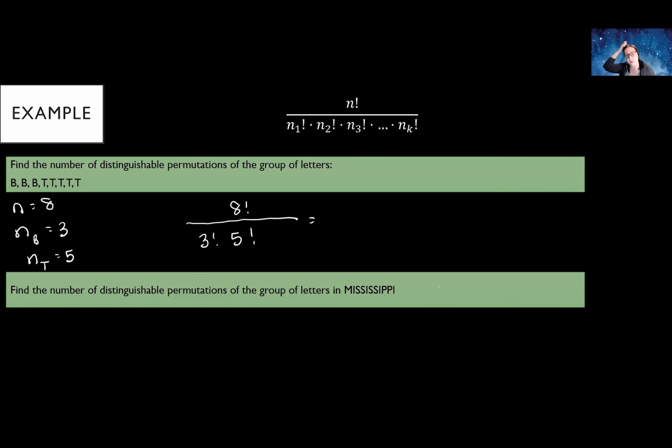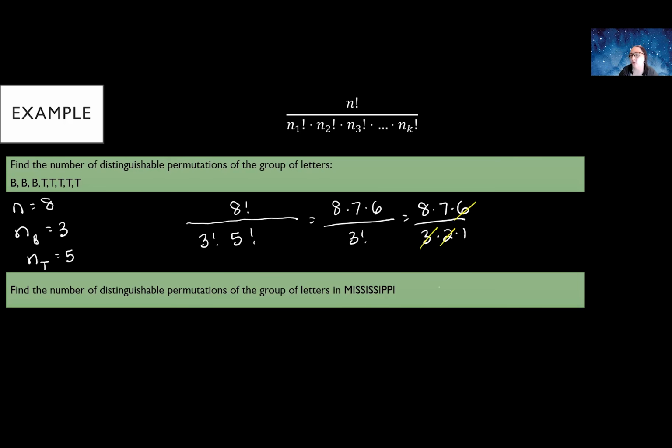I mean, you could try to cancel things out. Out of the 8 factorial and the 5 factorial, that would leave me with 8 times 7 times 6, because the 5 factorial canceled out. Then divide by 3 factorial, 3 times 2 times 1. 3 times 2 is 6, so I can cancel those out.